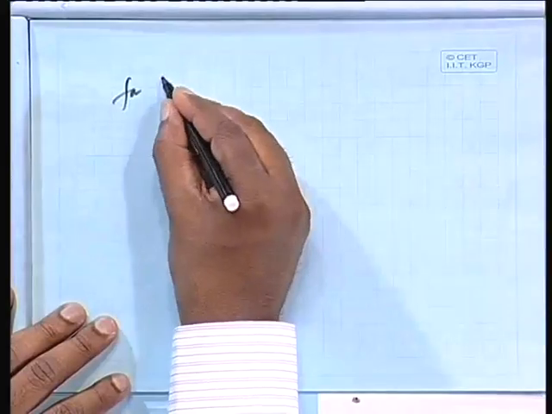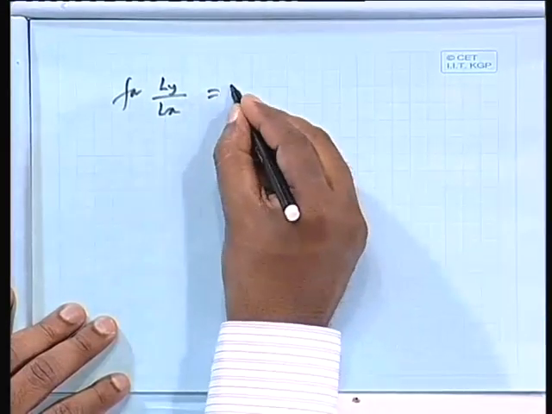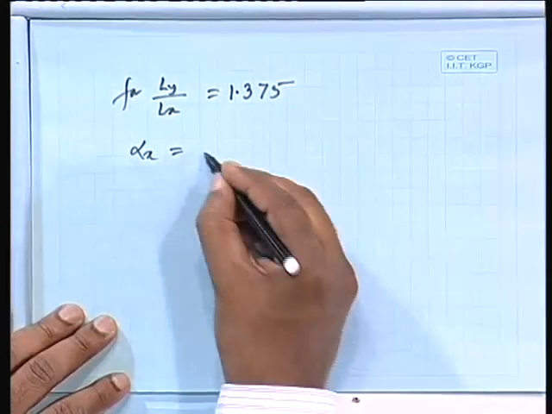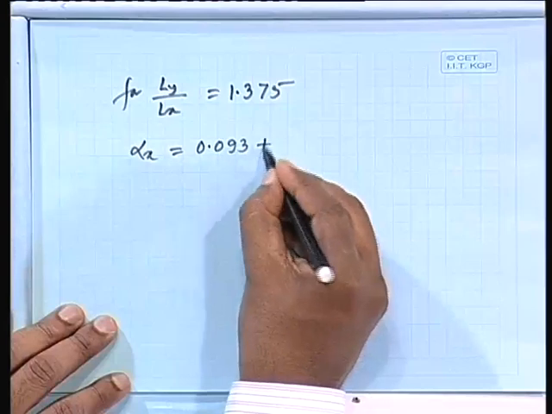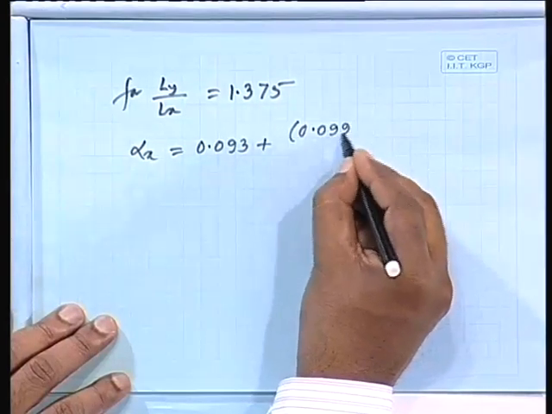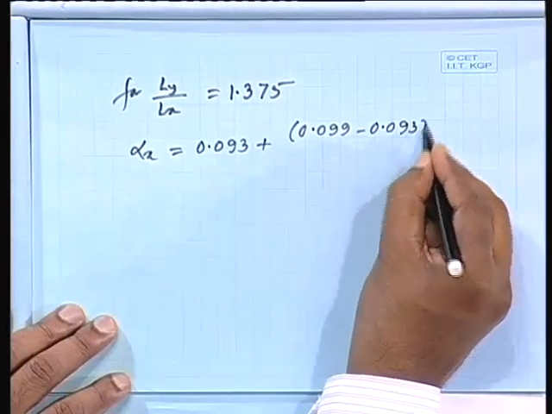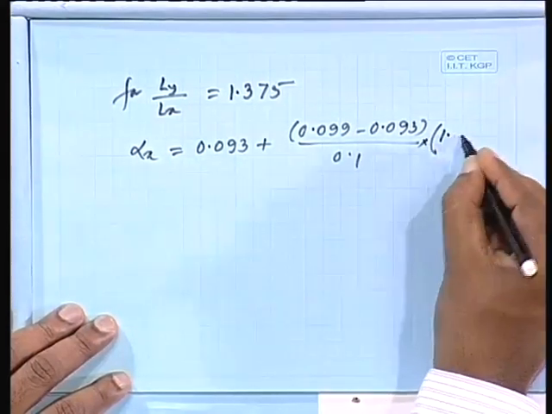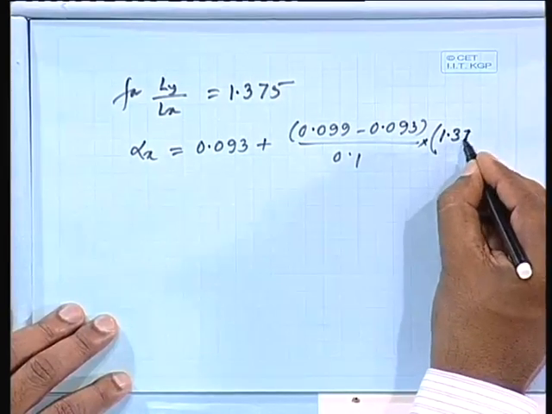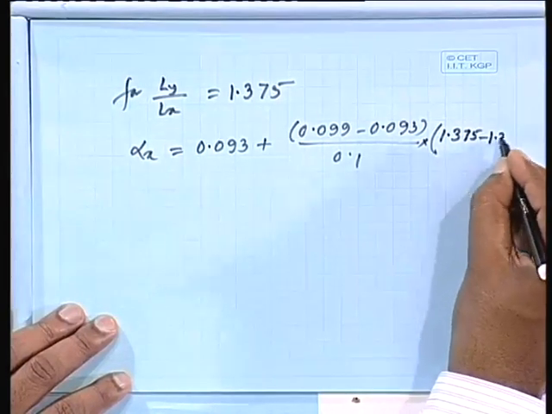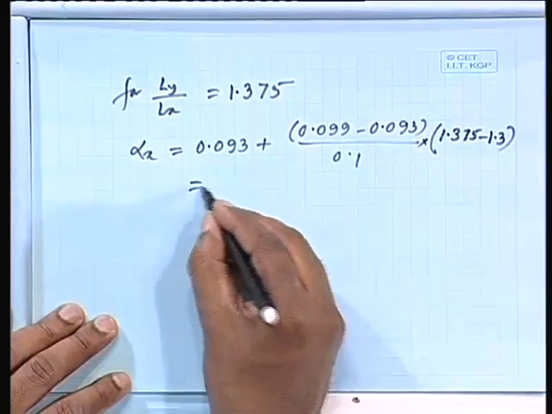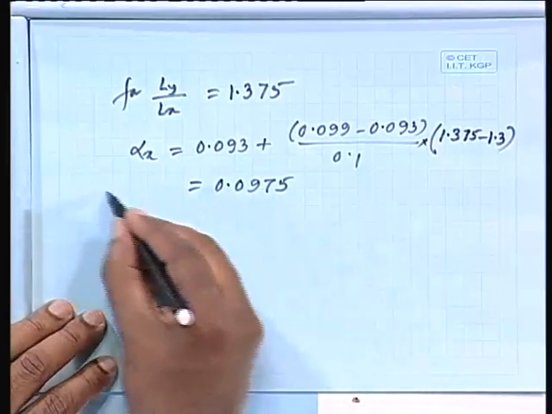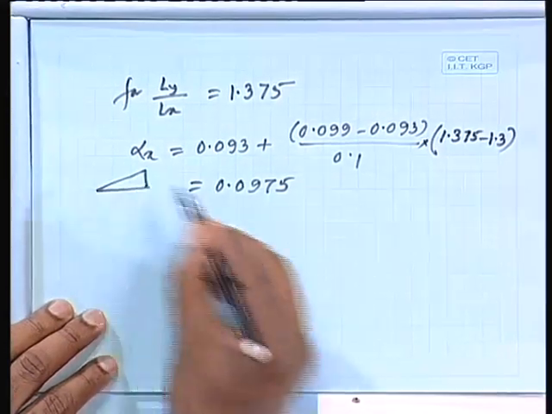For Ly by Lx equal to 1.375, alpha x equals 0.093 plus (0.099 minus 0.093) divided by 0.1 times (1.375 minus 1.3), which equals 0.0975. This is the slope.